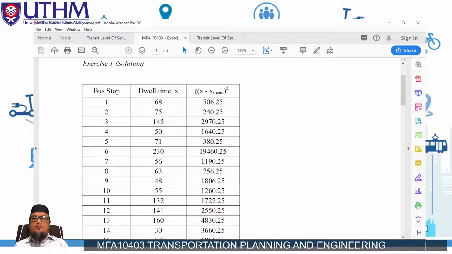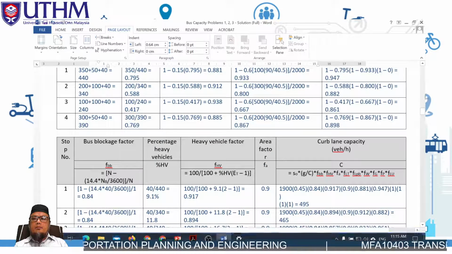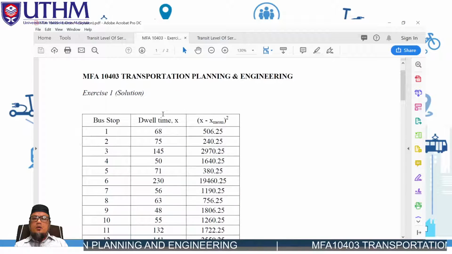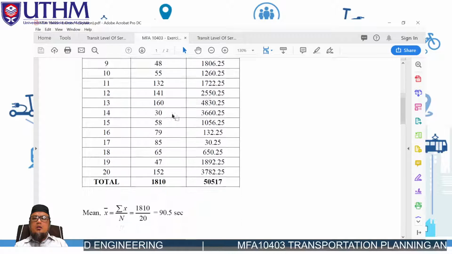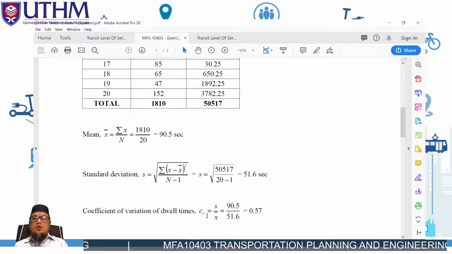These are the calculations that we're going to use. What we need to do first is determine the mean. After that, we can determine the standard deviation and obtain the CV, or coefficient of variation, using this formula.